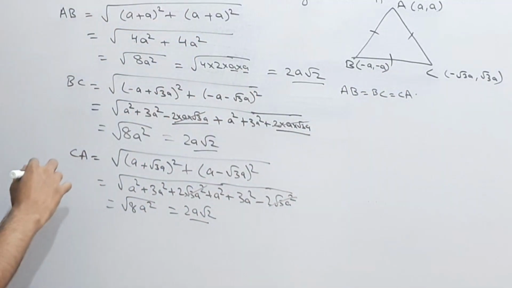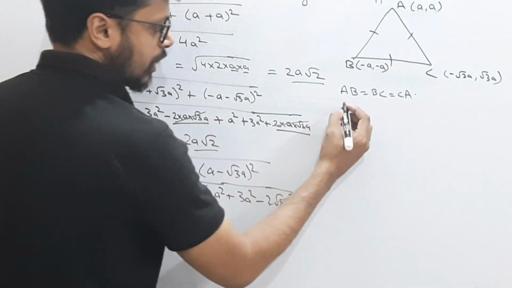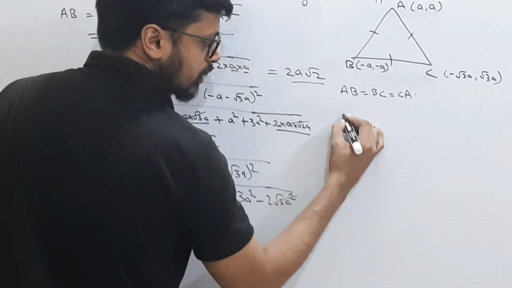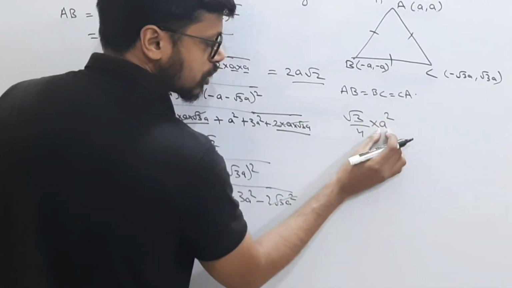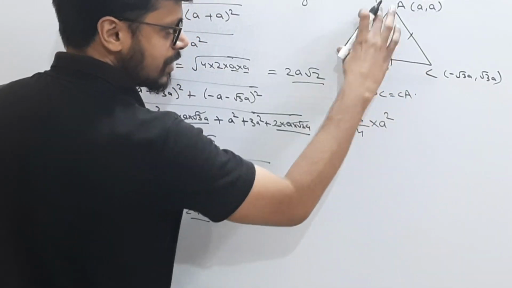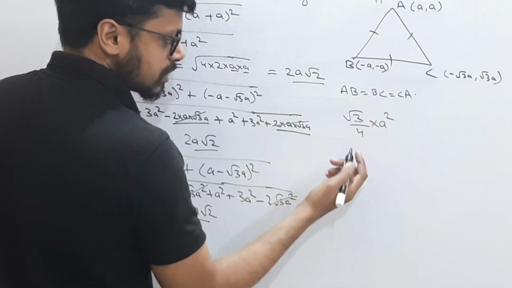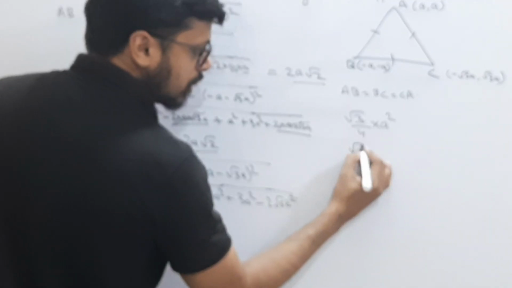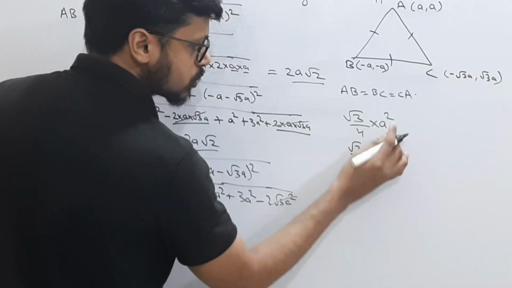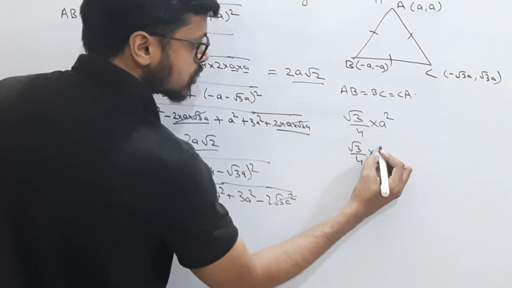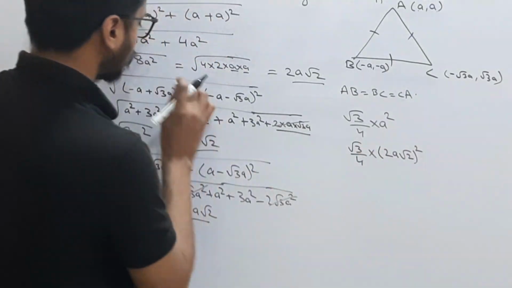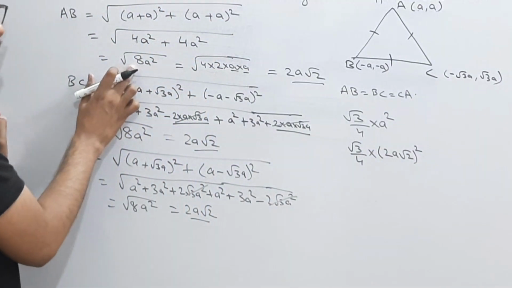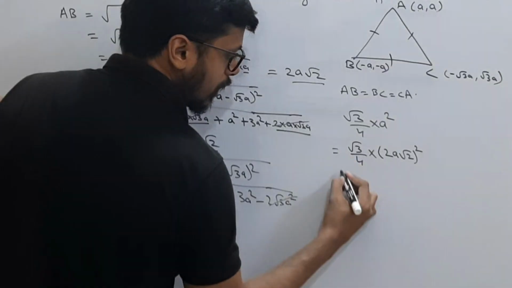Now you have to find the area. You know the formula: area of an equilateral triangle is root 3 by 4 a square. Here a means, students, the side. Any side you can take, because all the sides are equal. So root 3 by 4 times side square, where the side is 2a root 2, square, or directly you can write 8a square.